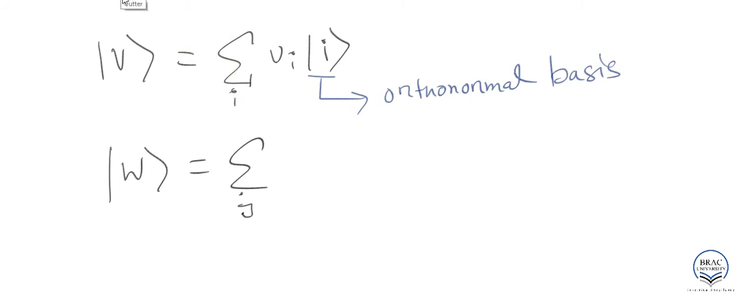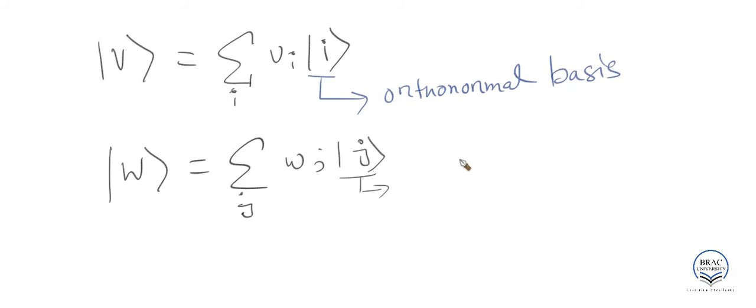So now you write w_j and the other orthonormal basis vector, right? So what we can do now is try to take the inner product.